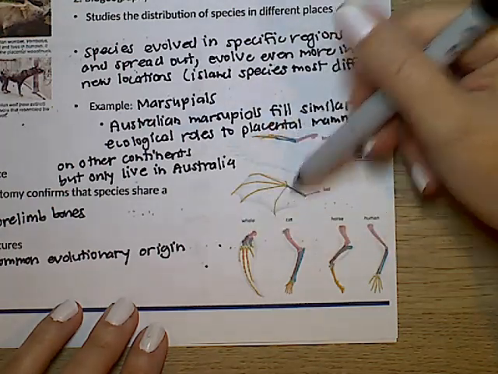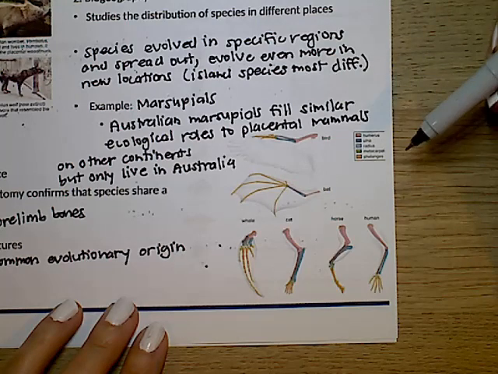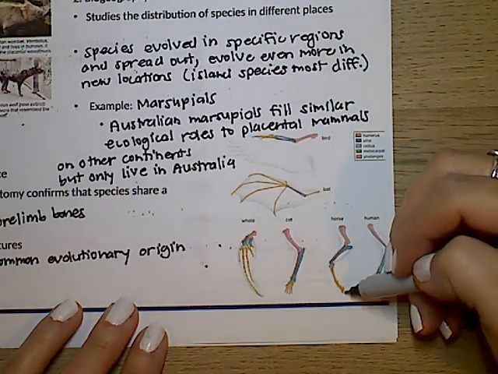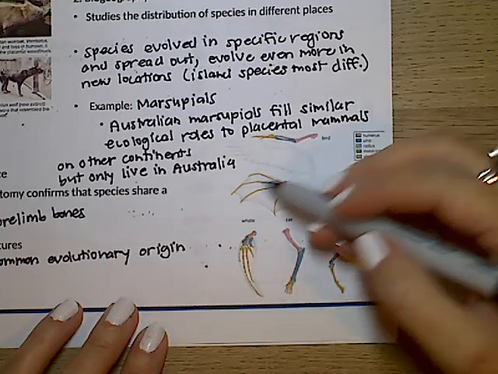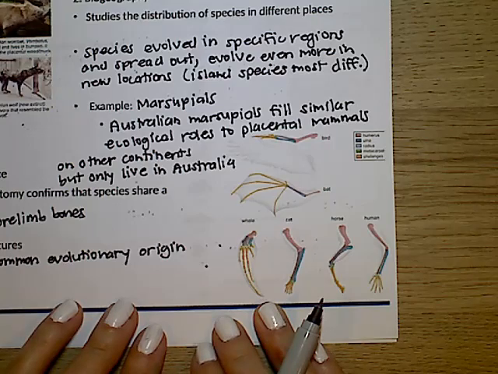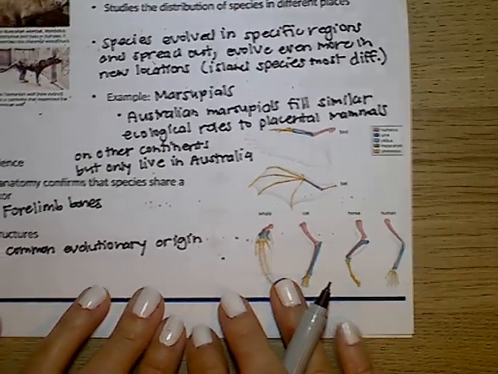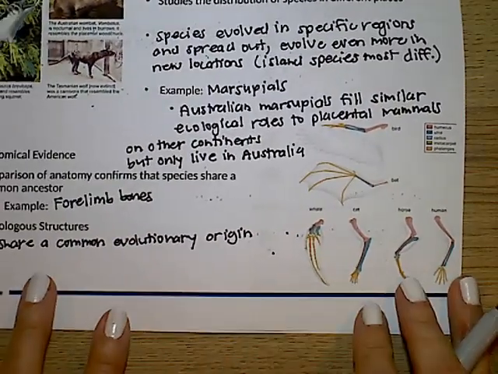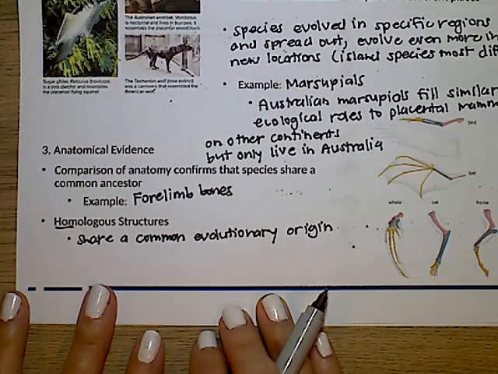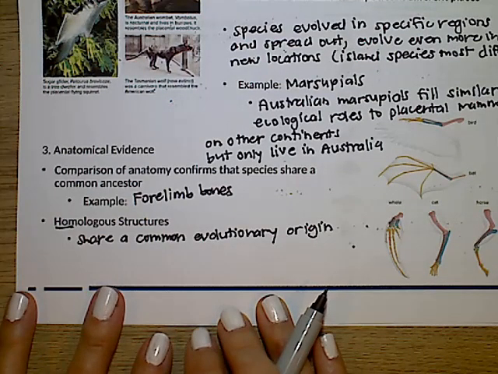They're harder to see on these ones, but they're there. And then the phalanges, or what we know as fingers in the human. And with the horse, they fuse together. They've adapted and evolved to fit their environment. But the pattern is basically the same, indicating that they share a common ancestor, which I find very interesting.